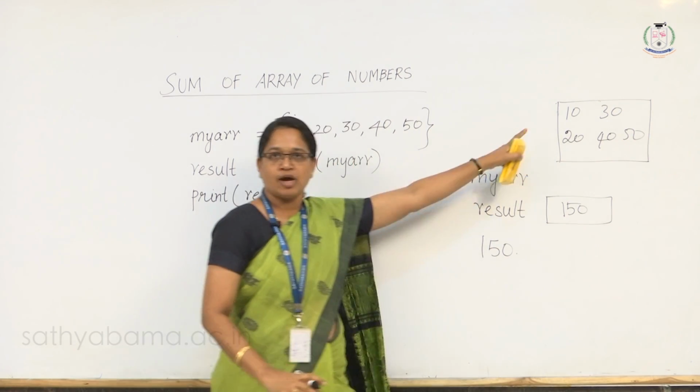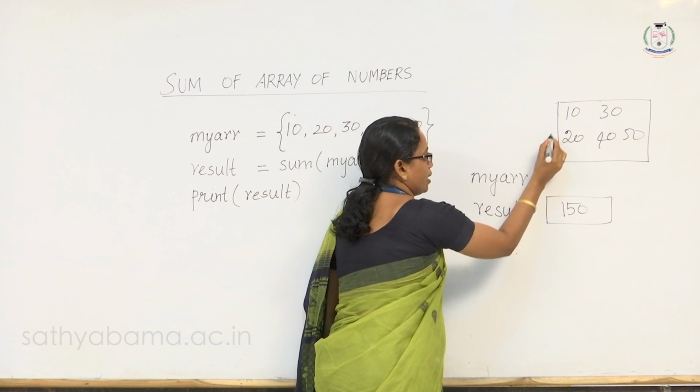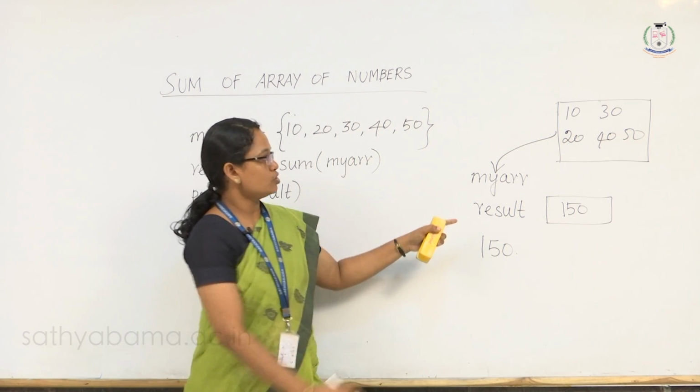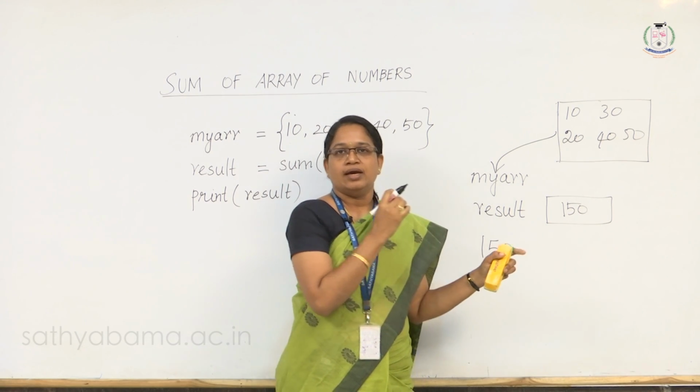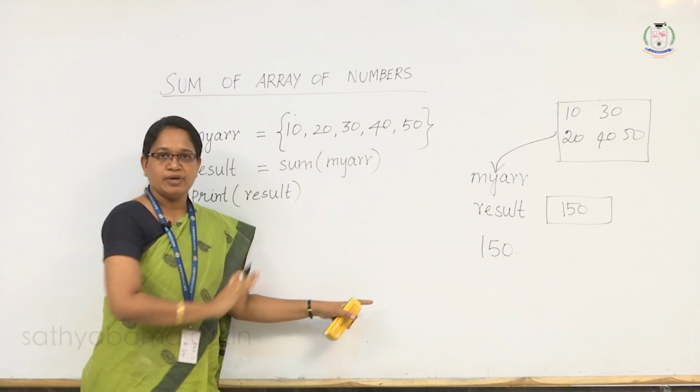A set of numbers will be represented like this and assigned to a variable called myArray. In a set, a number will not be given an index, but the output will be the same.